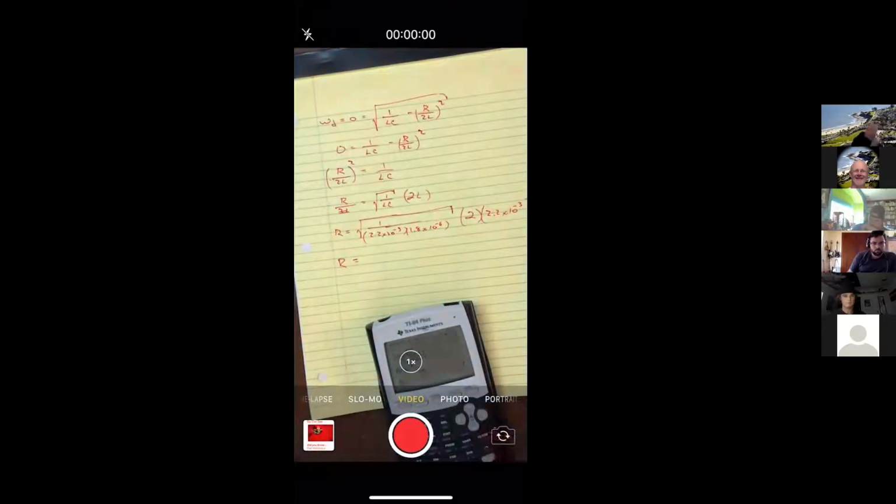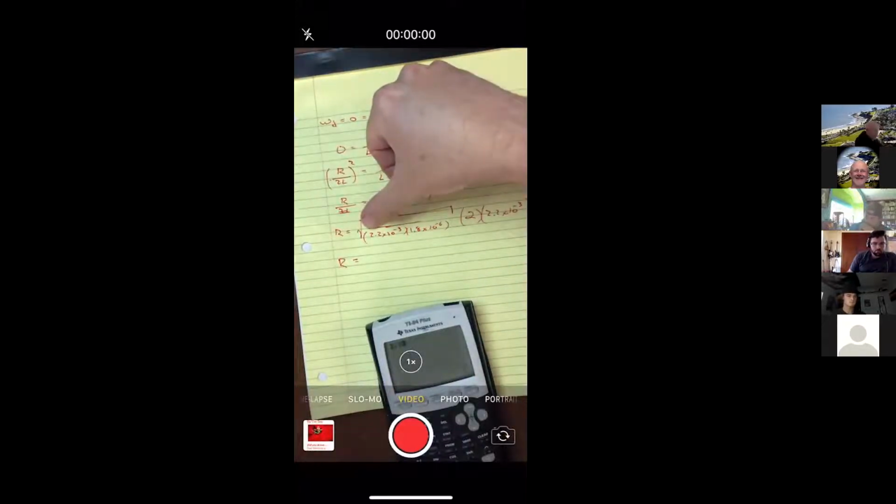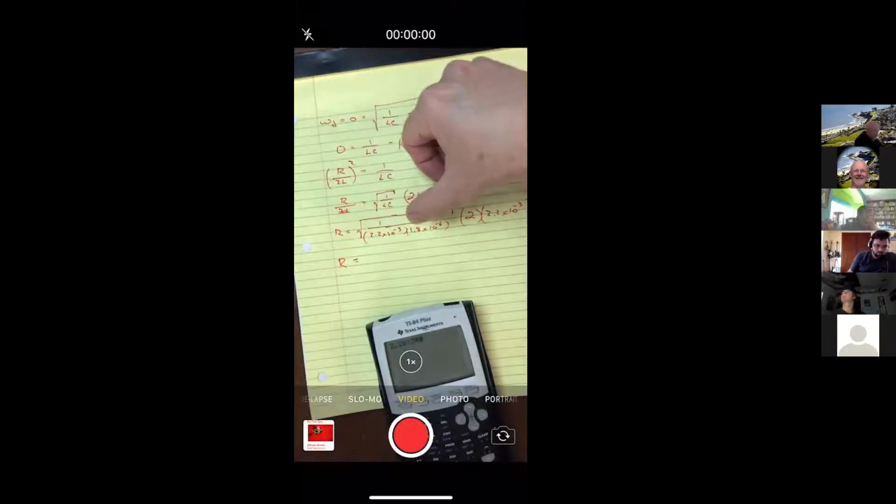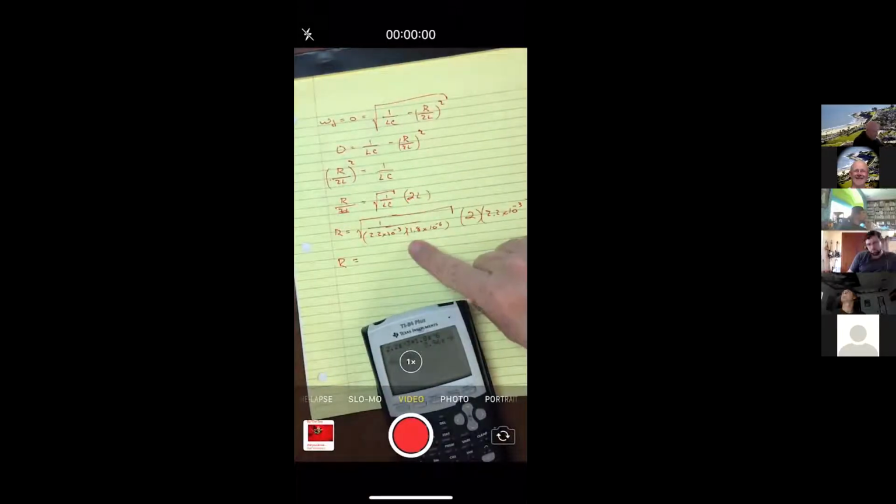So that's going to have to be quite a bit of resistance. So let's see what it is. I'll take the 2.2 times 10 to the negative 3, multiply by 1.8 times 10 to the minus 6. That's this number down there. Take the reciprocal and then take the square root.